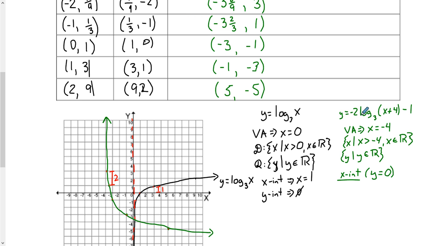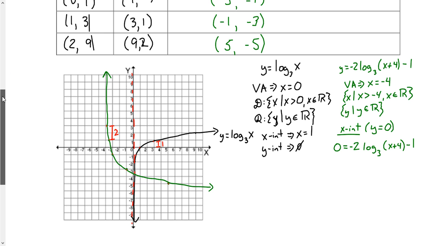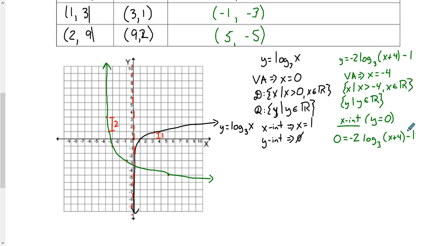So if our equation is y equals -2 log base 3 of x plus 4 minus 1, all we have to do is set y equal to 0. 0 equals -2 log base 3 of x plus 4 minus 1. So now we're going to have to solve for what the x is. And there, it's actually really nice to do, because I just have to add the 1, because I want to try and isolate this x value. I want to try and get it by itself.